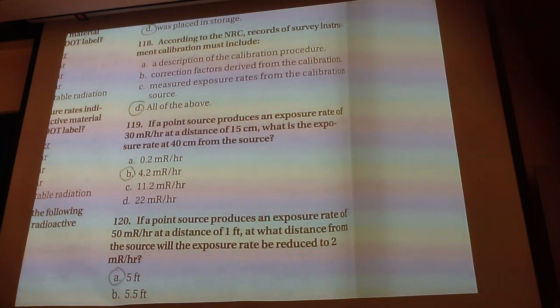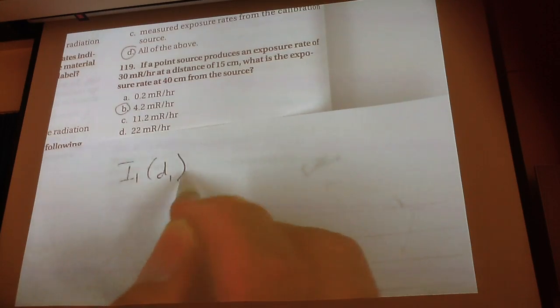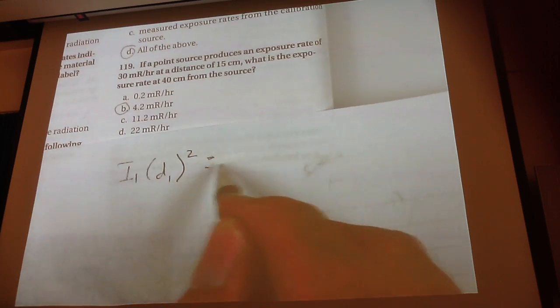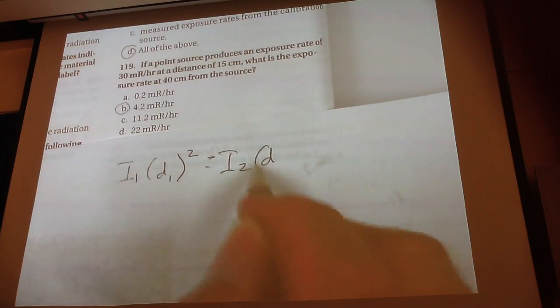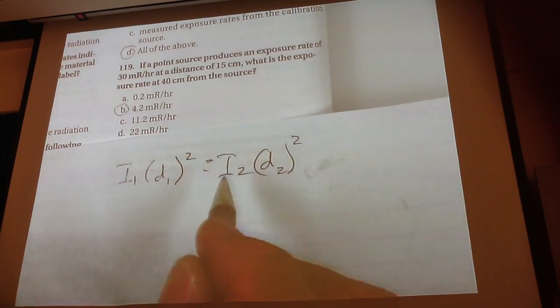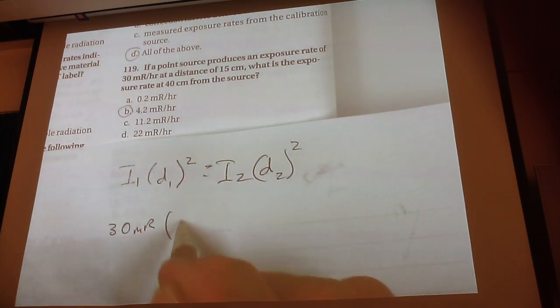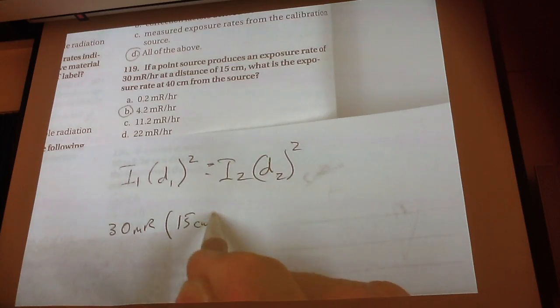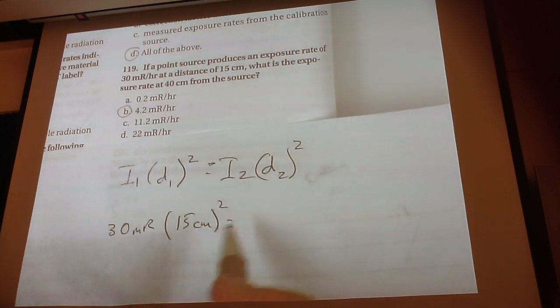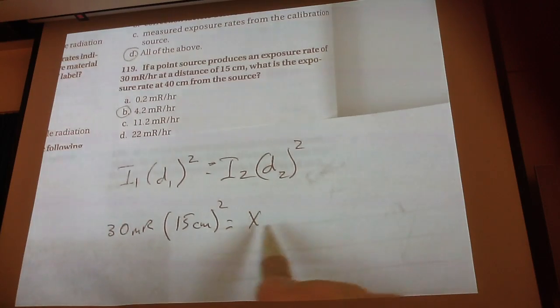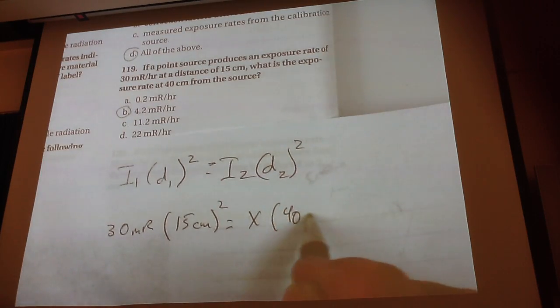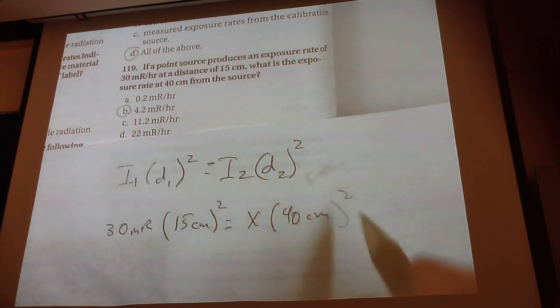So if we were going to calculate this one out, remember I told you that I1 D1 squared is equal to I2 D2 squared. Okay, so you have 30 MR times 15 centimeters squared, and that's equal to x times 40 centimeters squared.